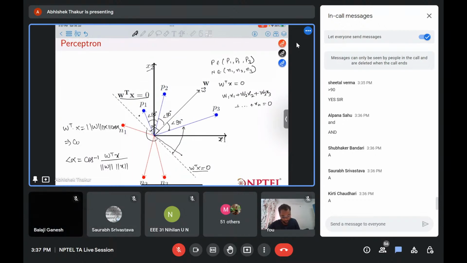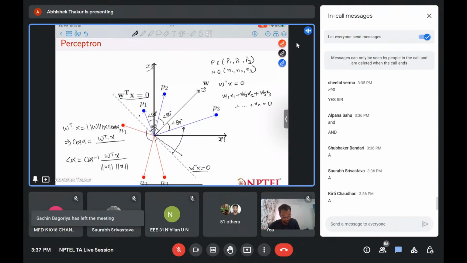So from here cos alpha will be W^T X divided by magnitude of W and magnitude of X. So alpha will be cos inverse of W^T X divided by magnitude of W and X.